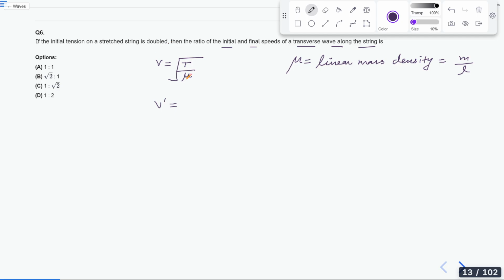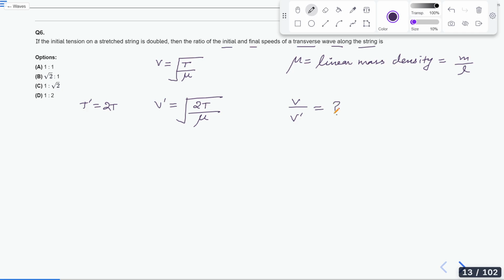Initial tension is doubled now, so the final tension, T prime, is 2 times T. That means root of 2 times T by mu. Mu is not changing because we are using the same wire, so linear mass density is the same. What is changed? Tension has become double. So what is the ratio of initial and final speeds? V upon V prime, you have to find.